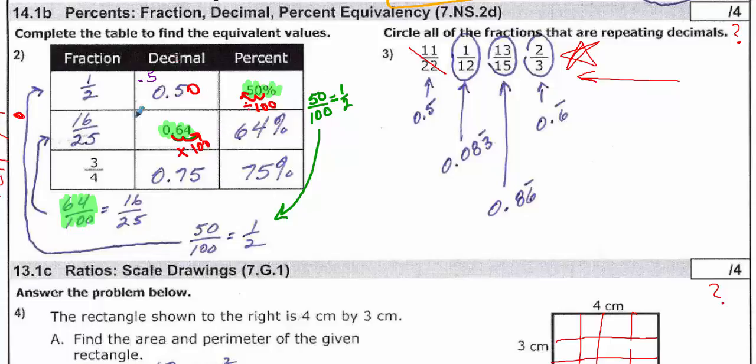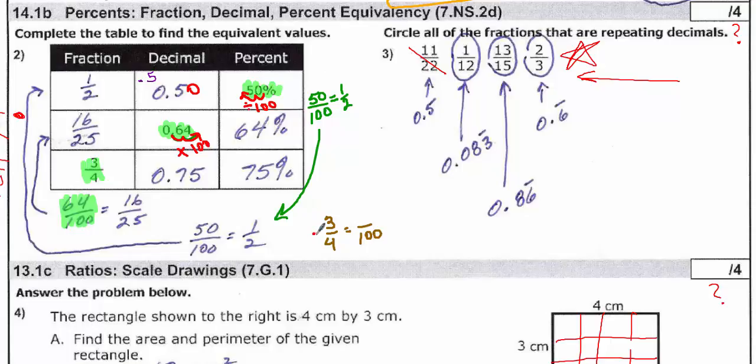Our third given was 3/4. There's our 3/4. Again, this is one you should memorize. If you didn't memorize it, remember, anytime you have the fraction portion, if you start with a fraction like 3/4, you want to ask yourself, what does it take to get to hundredths? 4 times what?